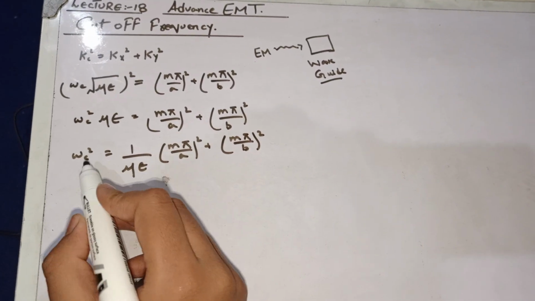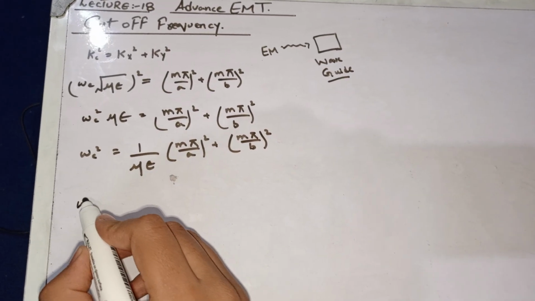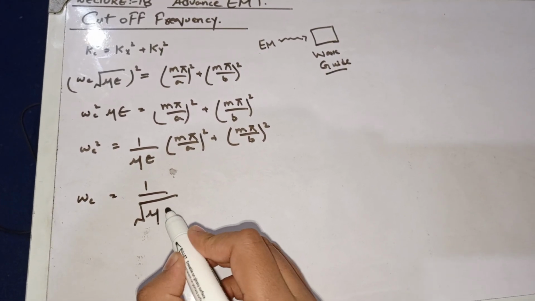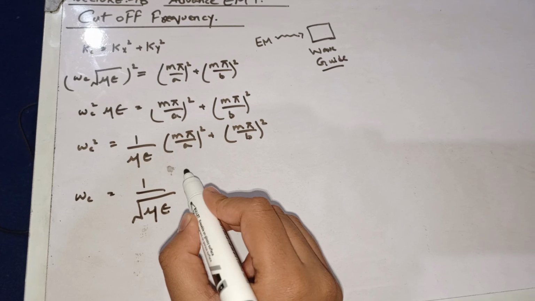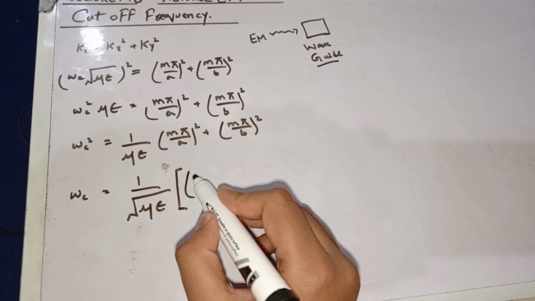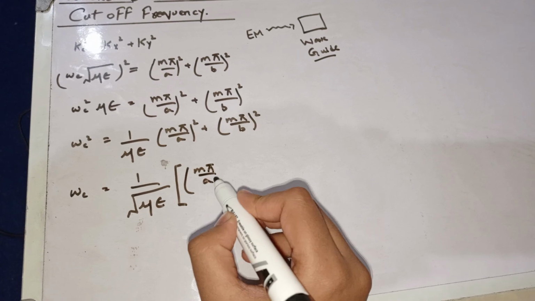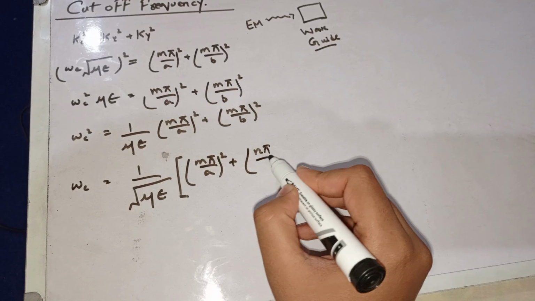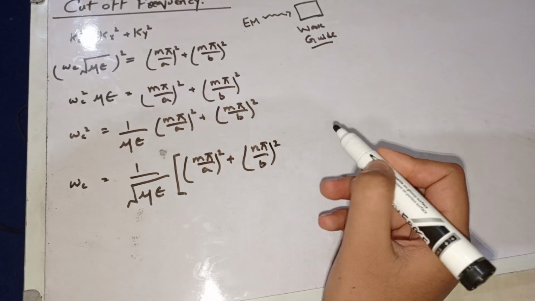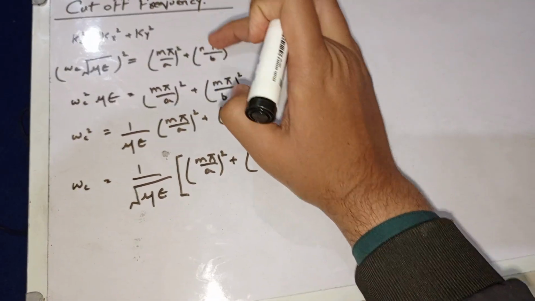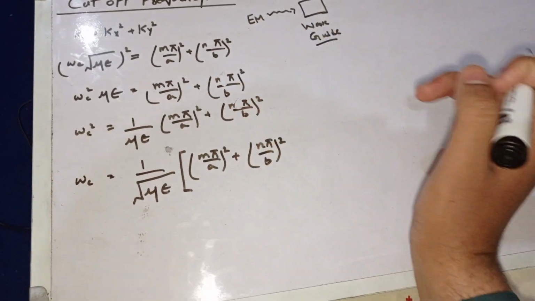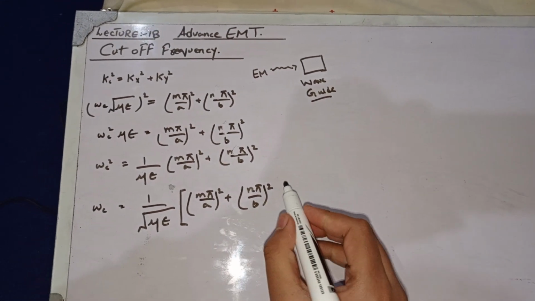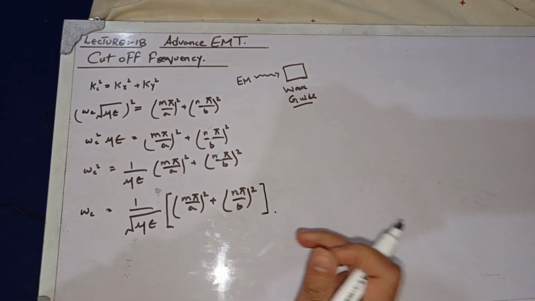Understood? Now take the square root on both sides, so omega c becomes 1 divided by under root mu epsilon multiplied by under root of (m pi by a) square plus (n pi by b) square. And this is m and this is n, sorry. The second factor is n. They should not be the same because of other factors. So here it becomes like this.